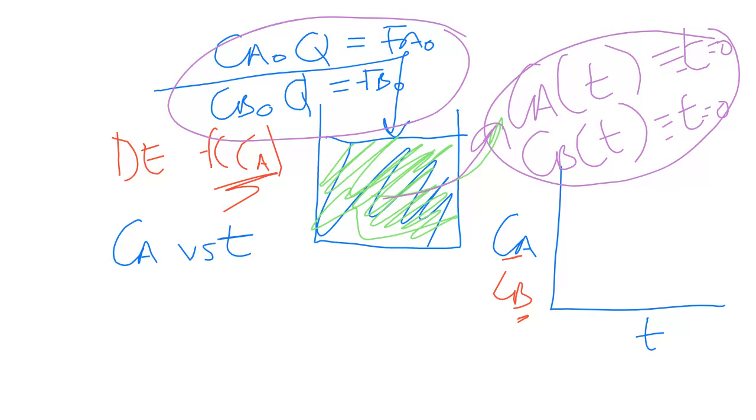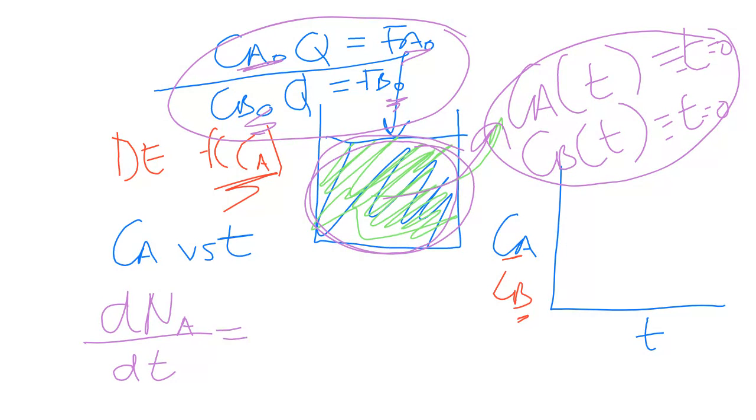The easiest way for me to avoid that confusion is to just revert to the mole balances and ask what is actually in the mole balances. It is not concentrations, it is moles. How does the number of moles of A change inside my control volume?